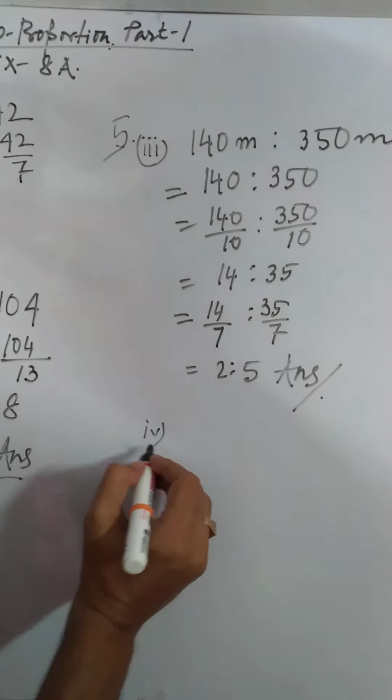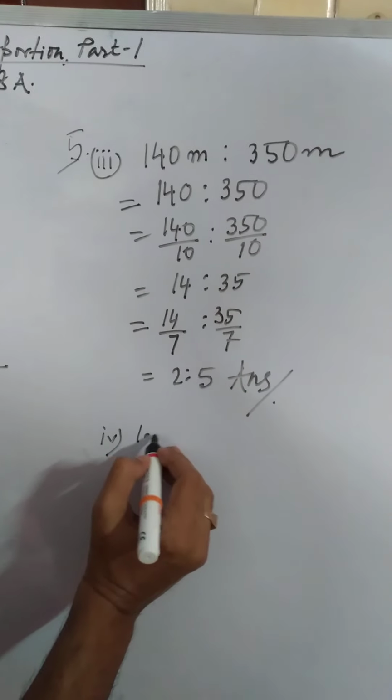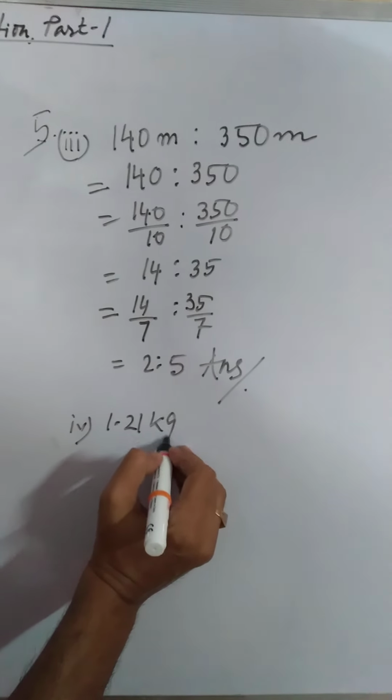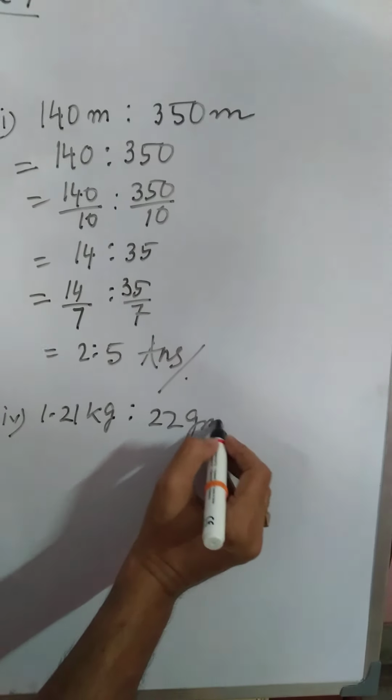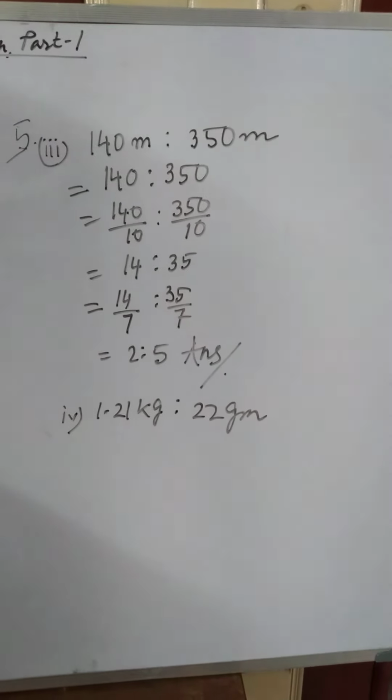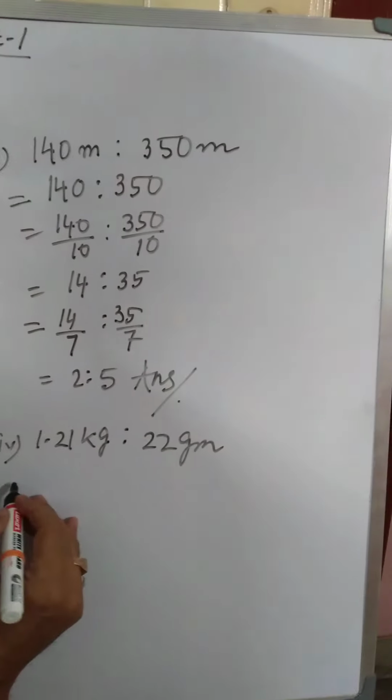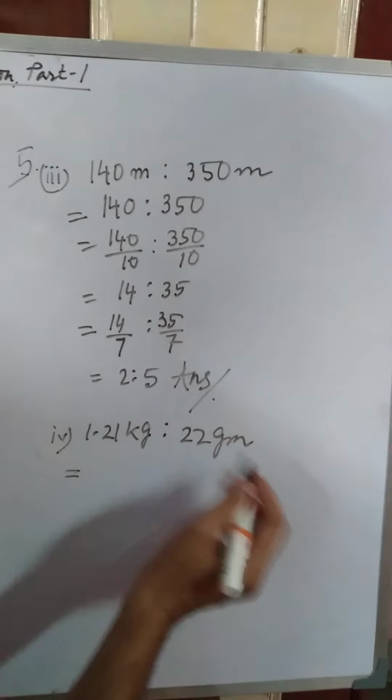Consider the Roman 4, 1.21 kg is to 22 gram. Now here the units are different. So you have to convert both of them to the same unit.